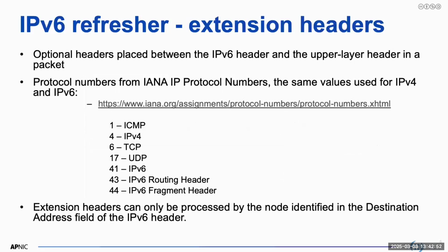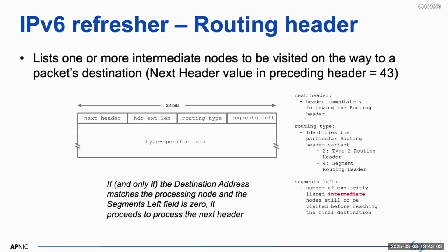In the extension header or the next protocol header, we can also mention other protocols' information, but in this case, we will be focusing on the segment routing header only. So this is the routing header, and within that we have the segment routing header, which is type 4. This type 4 is mentioned in the routing type within the routing header as well.